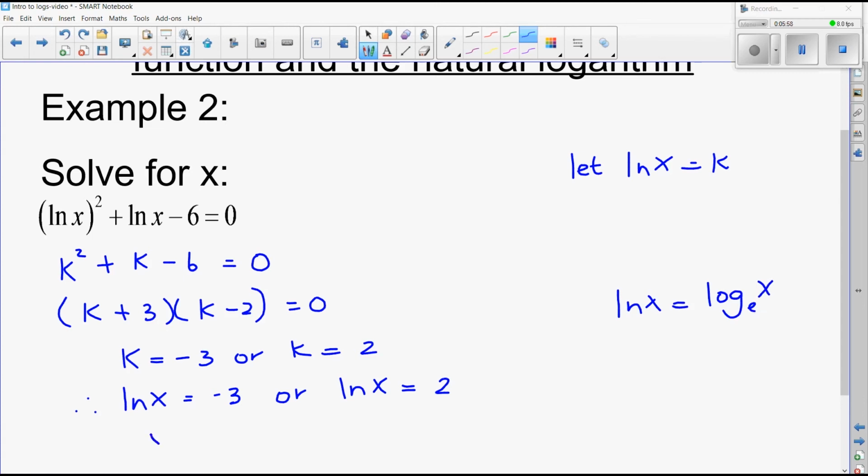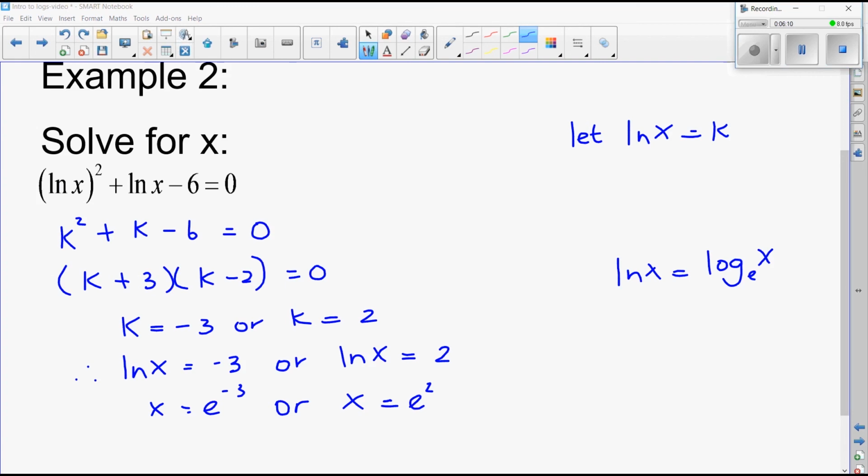So if I write this in exponential form, I will get x equals e to the negative 3 or x equals e squared. And then once again, you may leave your answer in this format, or you can actually work out the numerical values on the calculator.